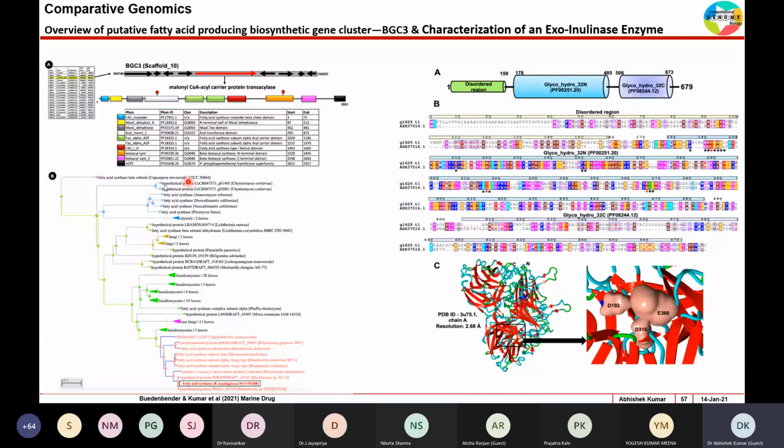But for this cluster to be active, in the literature it was known that these kinds of species, or many fungi, also need an exoinolylase enzyme, and then we characterized that enzyme separately. So if the cluster is there and this is not found in the organism, the organism is not capable of producing.